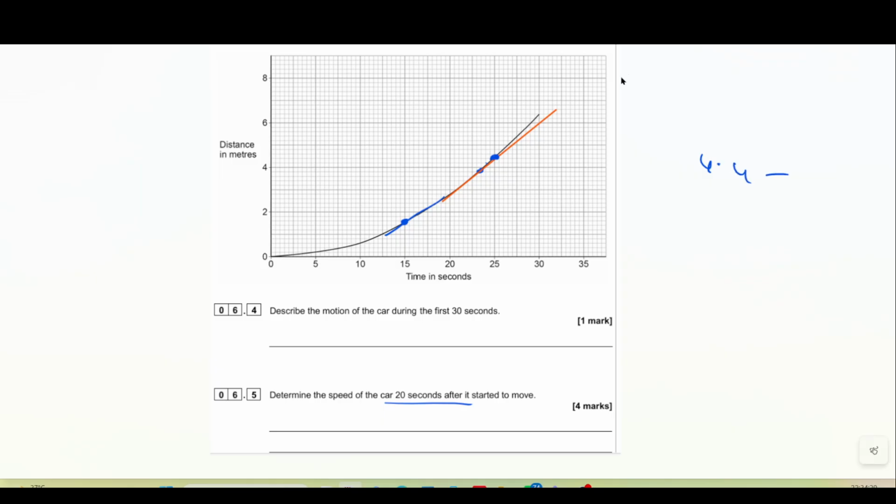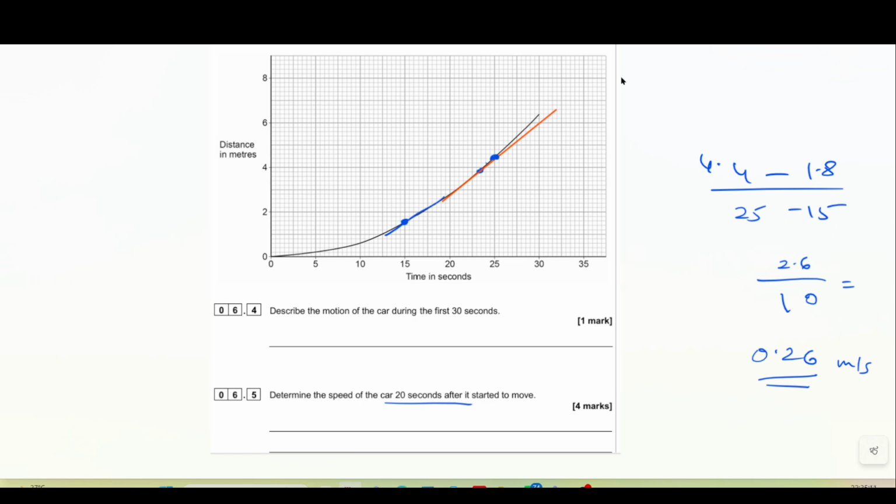At 15, it's 1.8, I think. Subtracting 25 and 15 gives 10. Subtracting 4.4 and 1.8 gives 2.6. Dividing 2.6 by 10, we get 0.26 meters per second. That is the answer.